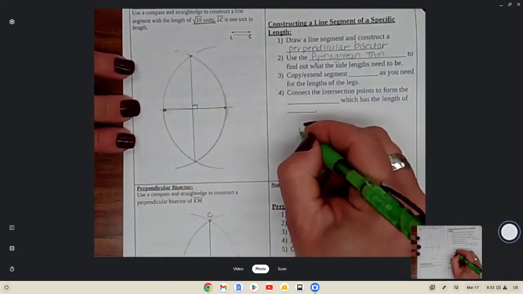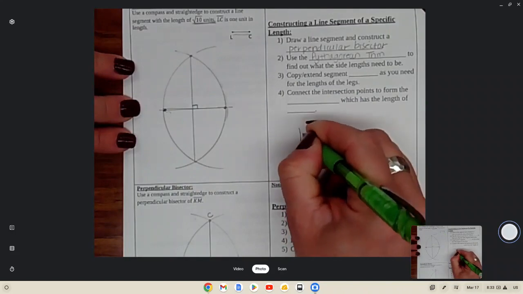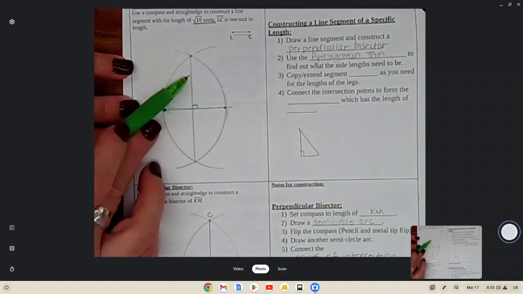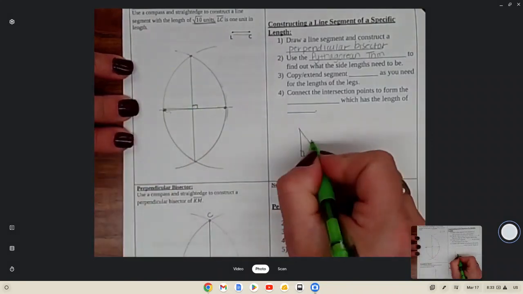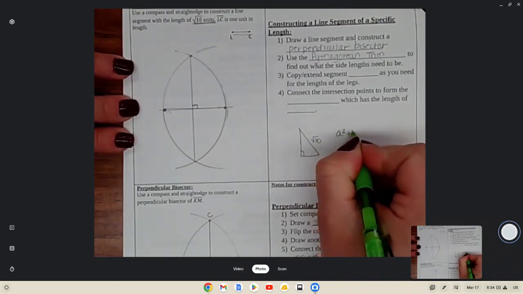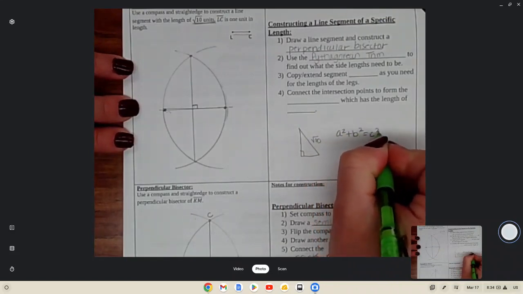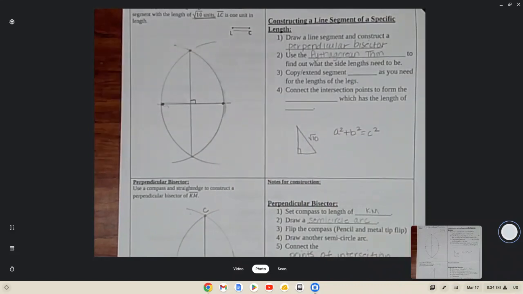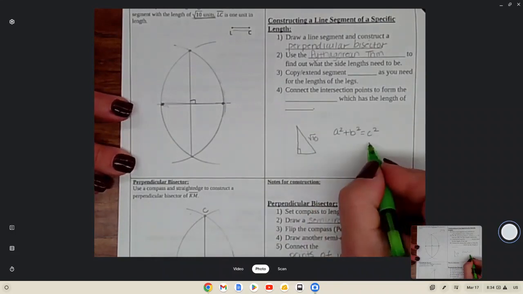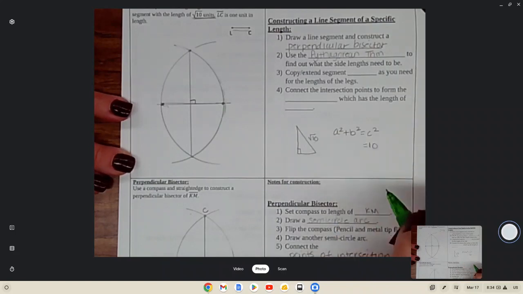Okay, so what that means is if we think of a right triangle, because we have a right angle, we're gonna draw our segment like it's the hypotenuse. So if the hypotenuse is the square root of 10, and we're thinking a squared plus b squared equals c squared, right? So if the hypotenuse is the square root of 10, and that's the c, c squared is just 10, right?